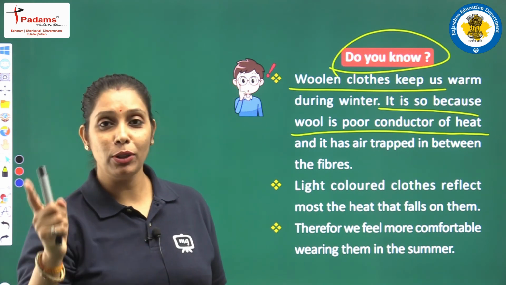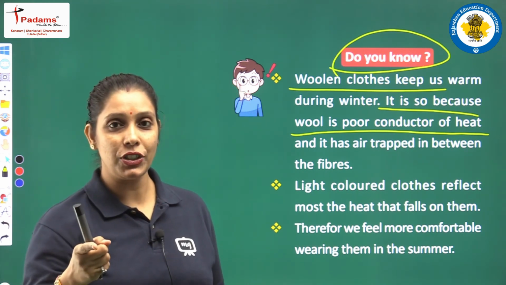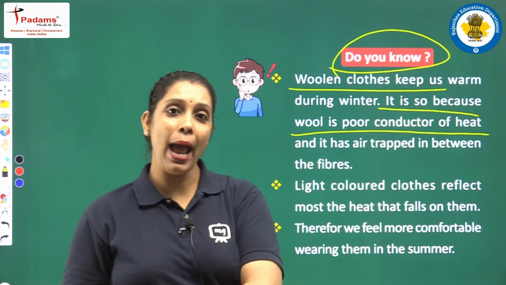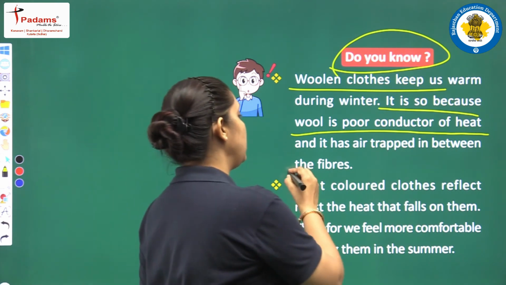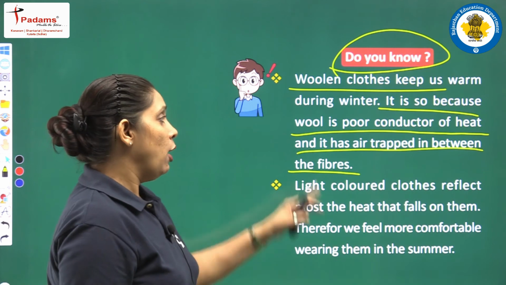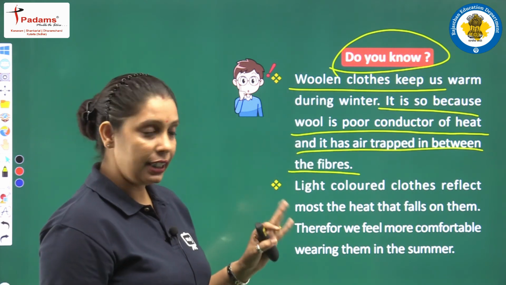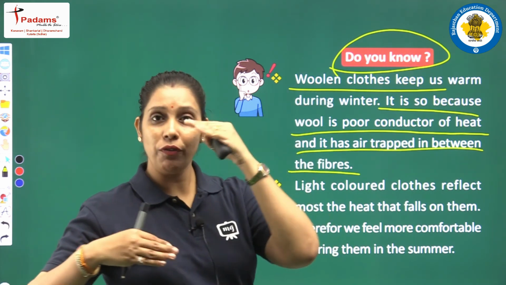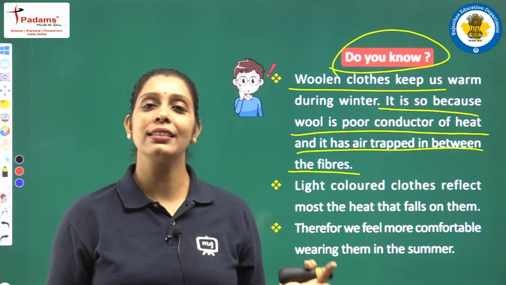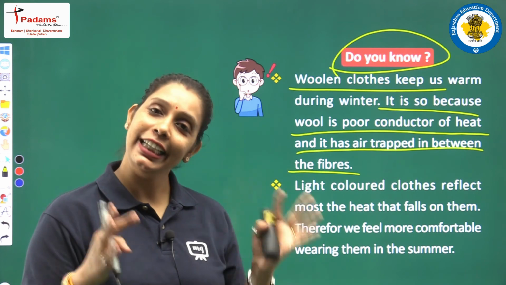Yes, in fiber to fabric में हमने पढ़ा था ये चीज़, ठीक है? And it has air trapped in between the fibers. समझ में आई चीज़? ठीक है, वूल हमारा पुअर कंडक्टर ऑफ हीट है और इसकी जो फाइबर्स होते हैं उनके अंदर एयर ट्रैप्ड होती है, एंड वी नो एयर इज अ पुअर कंडक्टर ऑफ हीट.